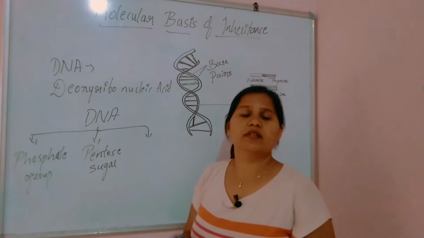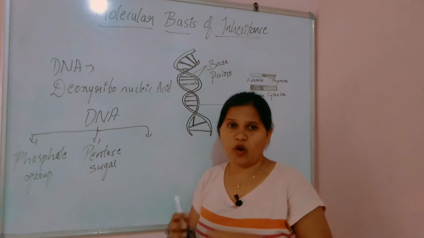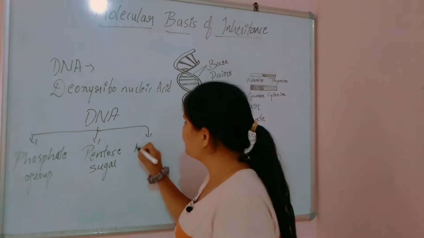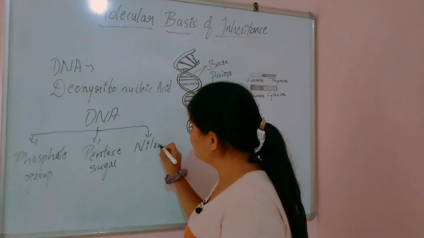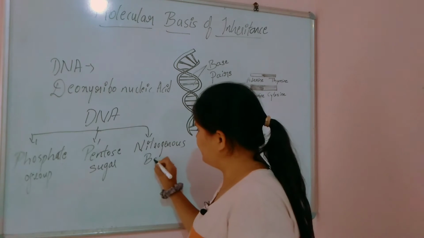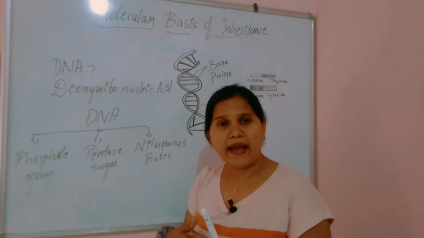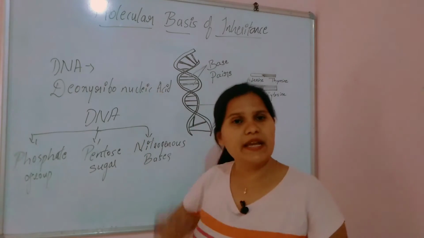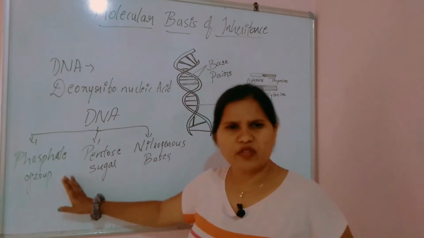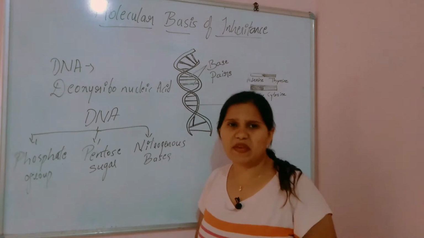And the last one is the nitrogenous bases. These three components combine and form DNA. Is this clear? Now let's learn about the phosphate group, pentose sugar and nitrogenous bases.